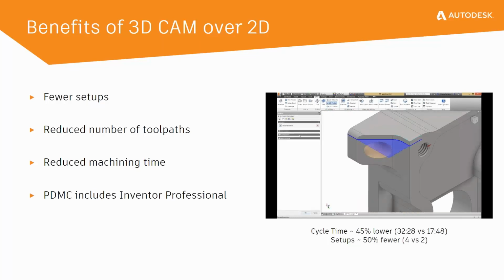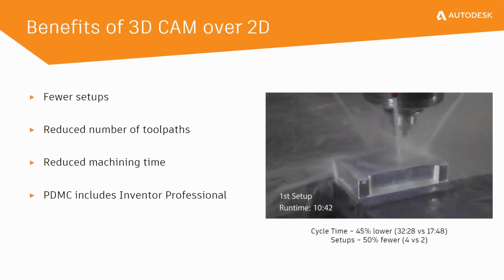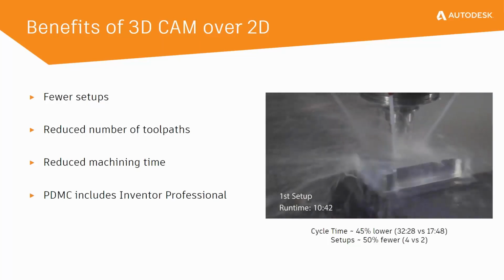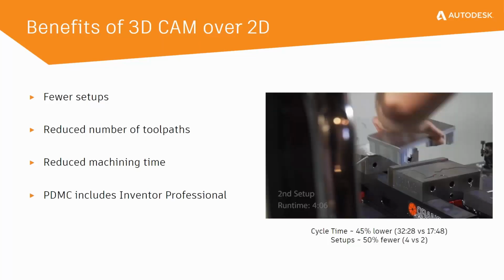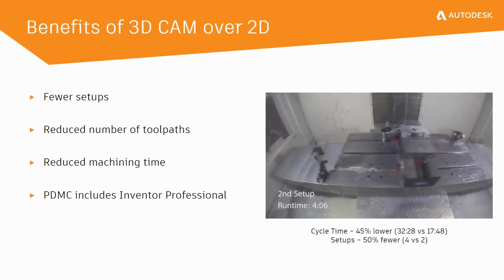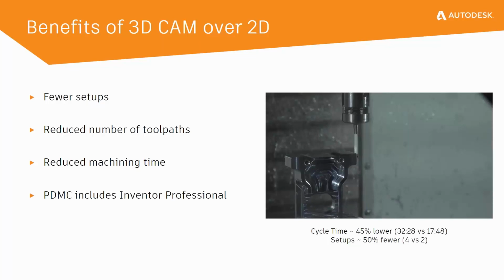The great thing about using HSM, if you're getting it through the product design and manufacturing collection, is that it will already include a seat of Inventor Professional. So there's no need to subscribe to that or maintain that license because it comes included as part of that process.